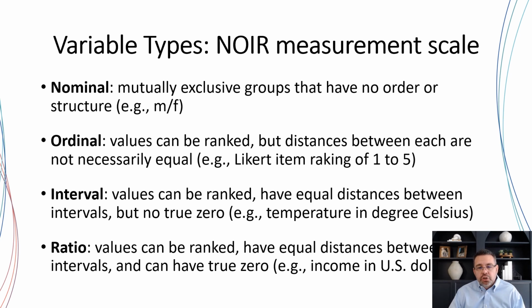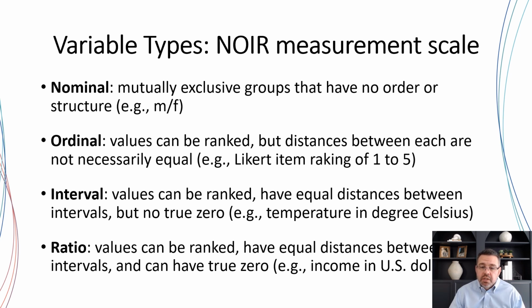This refers to just variables that are mutually exclusive groups that have no order or specific structure to them, right? So the classic example of a nominal variable is just male or female, right? We have these two mutually exclusive categories that don't have any underlying, let's say, numeric importance.